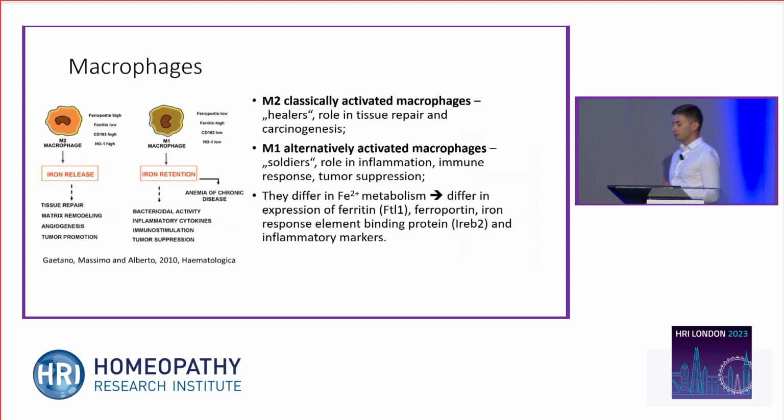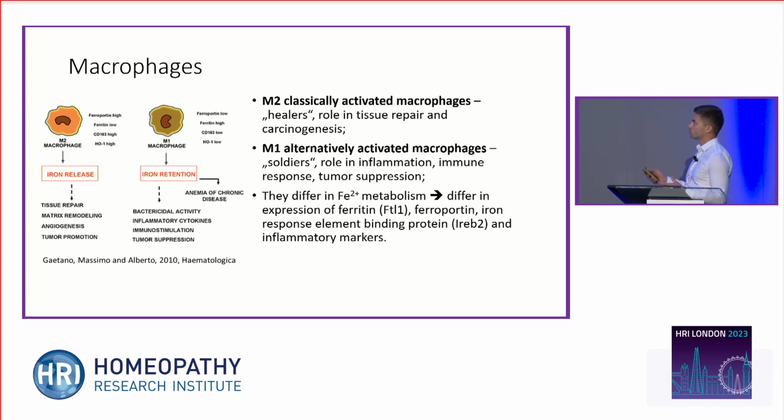In this relation again, we need to keep in mind that macrophages, which are our target in the recent experiment, have majorly two types. You have the M2 class, the so-called classically activated ones, and we may name them the healers.